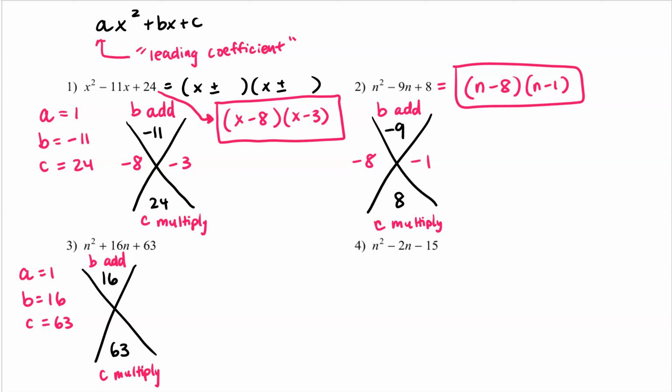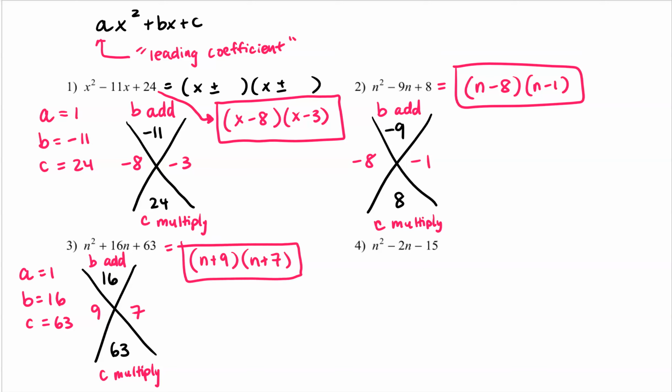All right, so the two numbers that are going to satisfy those requirements are 9 and 7, because 9 plus 7 is 16, and 9 times 7 is 63. So therefore, this will factor into n plus 9 times n plus 7.